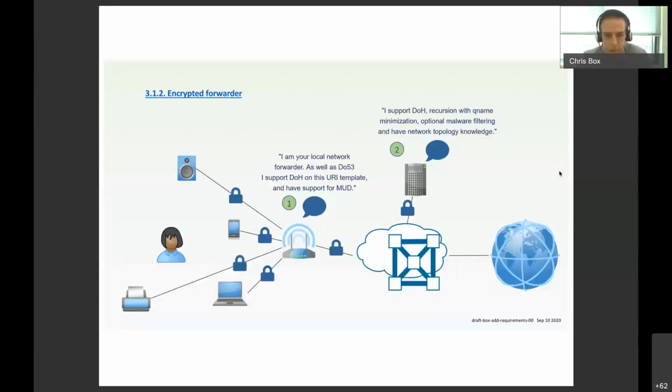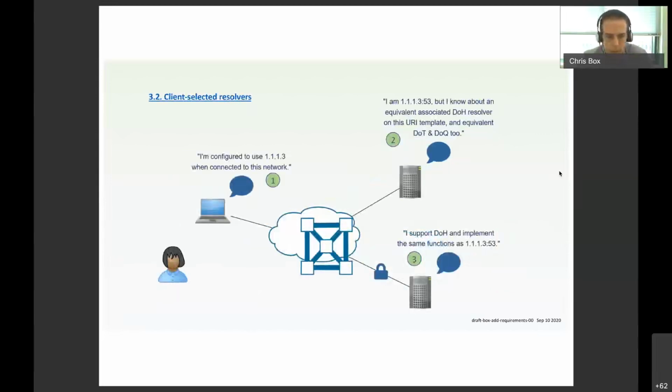Also in section 3, we have a section talking about what happens when you have a client that is statically configured to use a particular DO53 resolver. So here we have a laptop that's configured to use 1.1.1.3, which is located here.